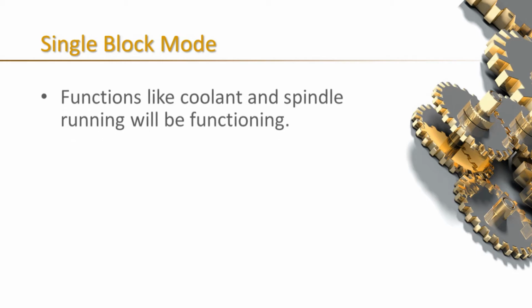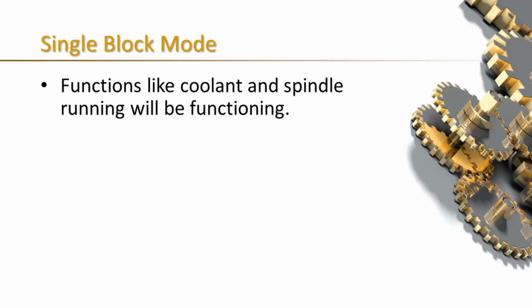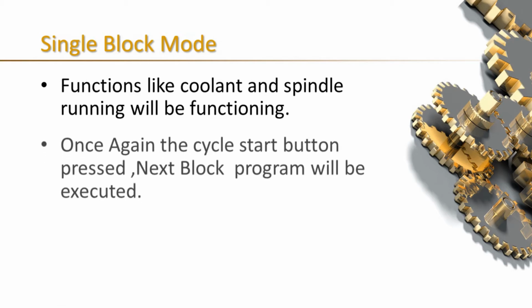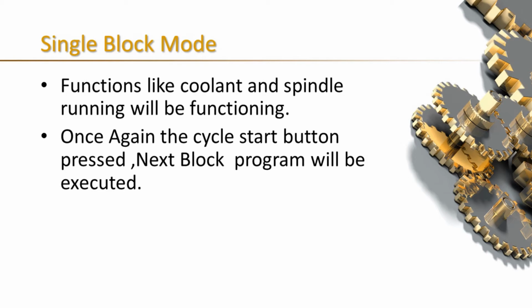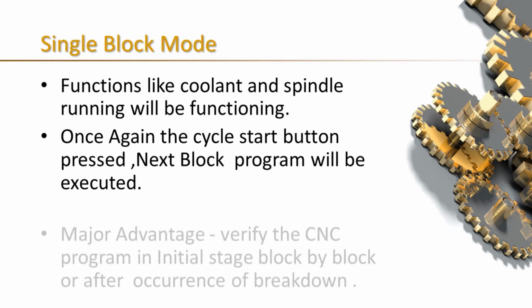Functions like coolant and spindle running will continue functioning. The machine will not stop fully, but there will be a tool hold or the machine spindle hold. Once again, when the cycle start button is pressed, the next program block will be executed.